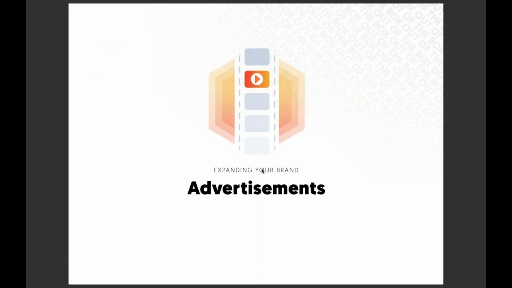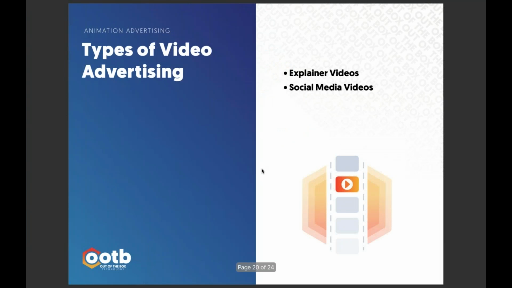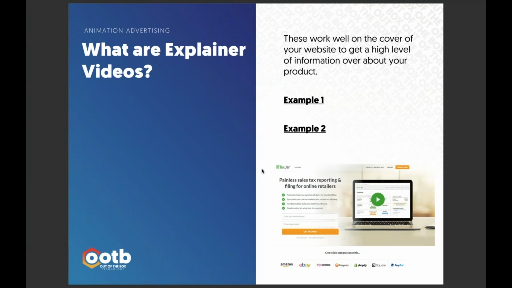So the last pillar I wanted to talk about today is advertisements, and specifically I wanted to talk about video advertisements. There's a few different types of video advertising you could do, but I wanted to focus on explainer videos and social media videos. So what are explainer videos?